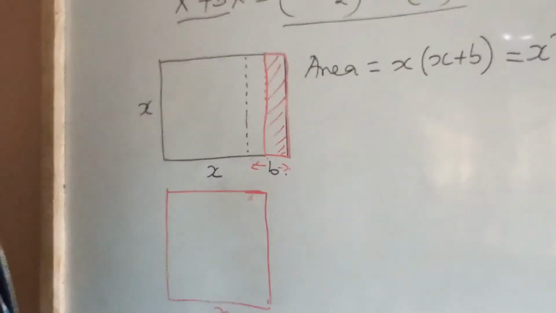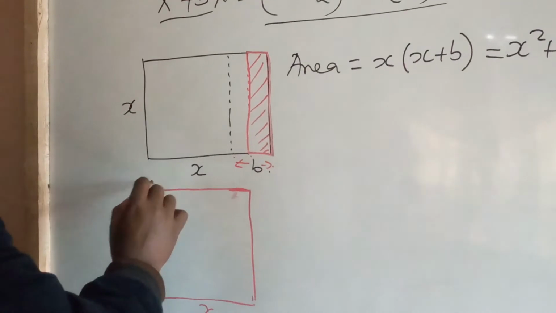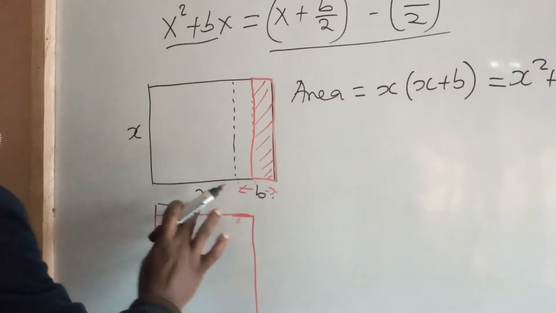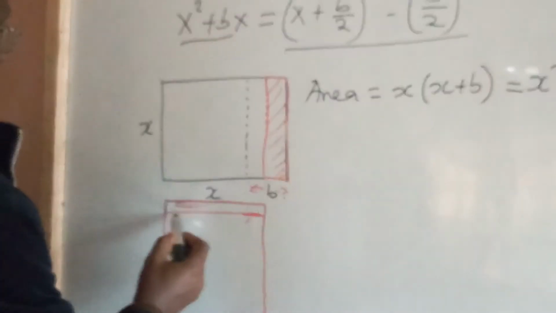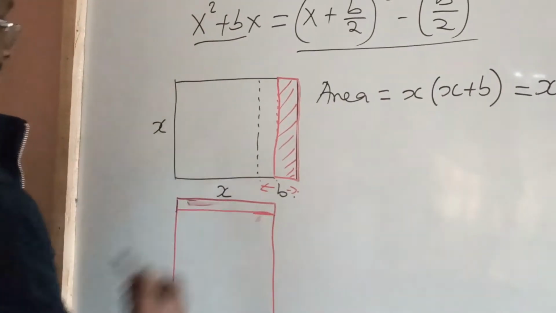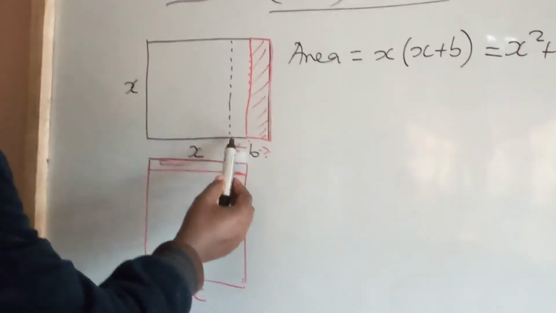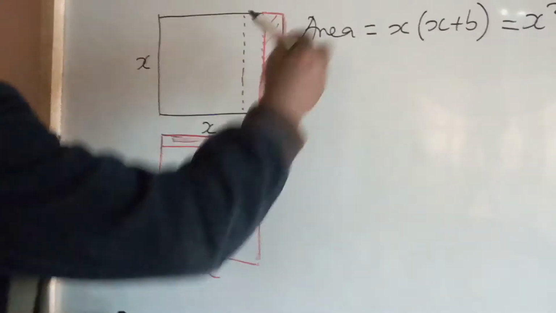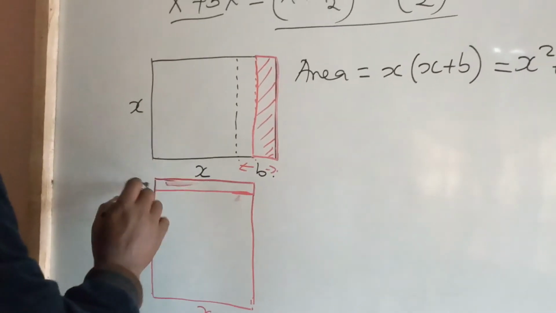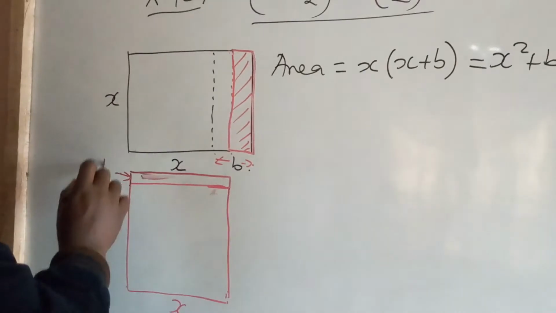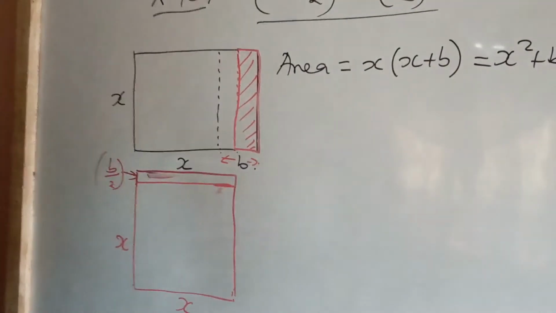if you pick the shaded portion and bring it here, it will exactly fit along the length of x, because this is x, and its length was also x. So you will find this particular portion b over 2, and this is x.